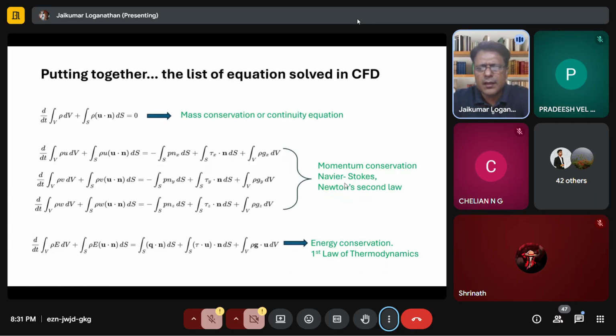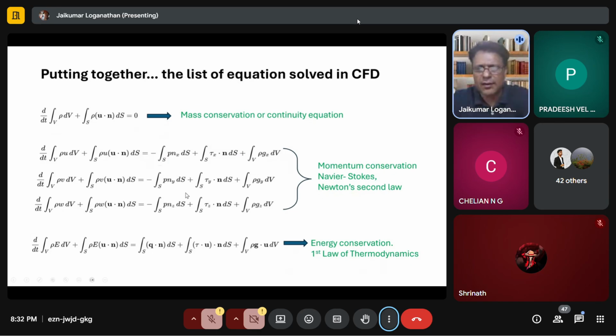Any questions or any clarification needed? Maybe I didn't go into a lot of details because it may not be possible to cover everything. If you want to go into the details of these equations, how they are derived, how the differential form is derived, you will find those in the books that I mentioned before.